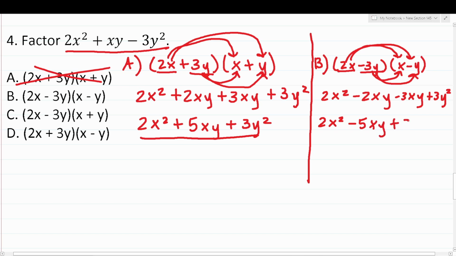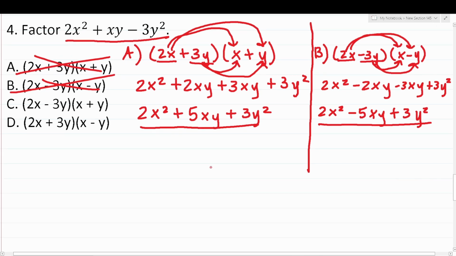And then this is plus 3y squared. Does this match what we have here? We have 2x squared minus 5xy plus xy. Clearly that does not match, so we know B is not correct. All right, let's go ahead and check out C now.